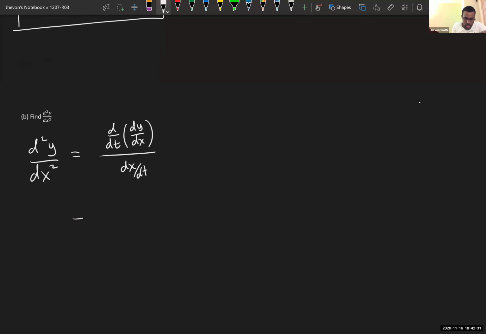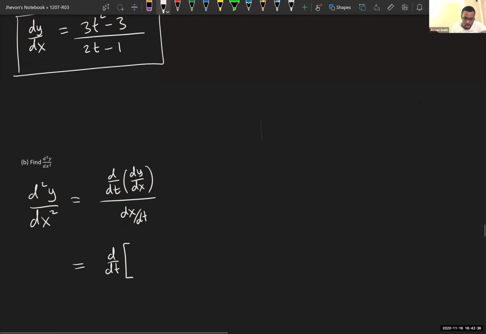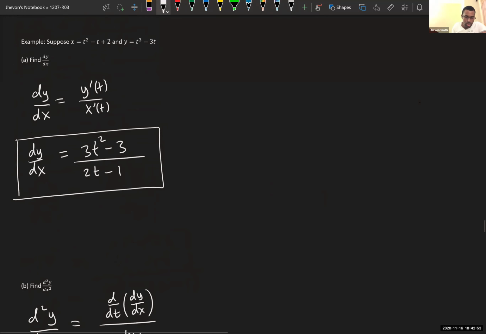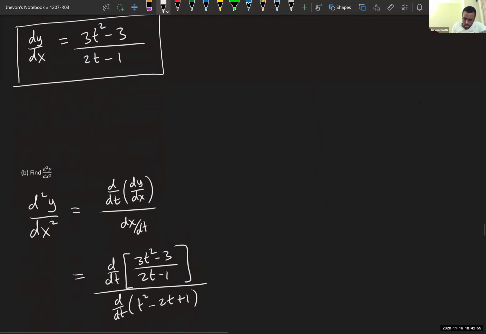So this is going to be d dt of my answer to the previous problem, (3t squared minus 3) over (2t minus 1), over the derivative of x, which is t squared minus t plus 2.